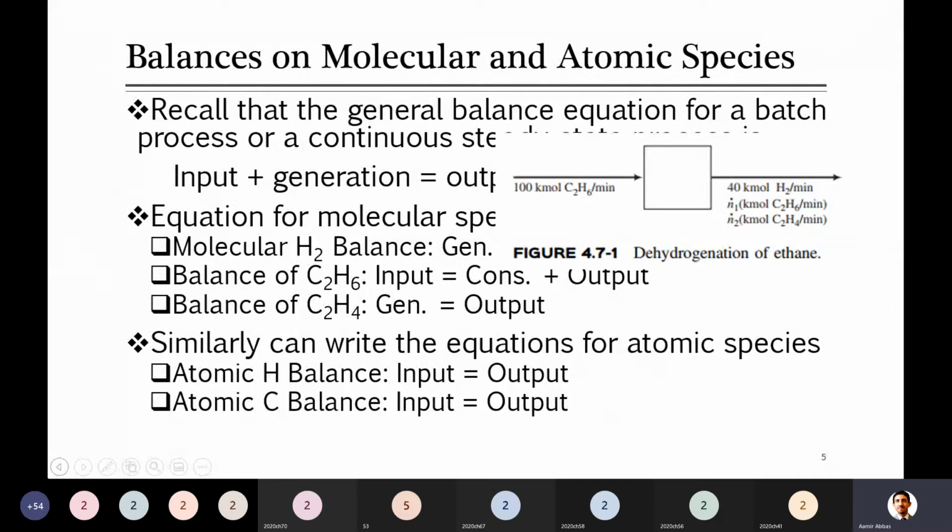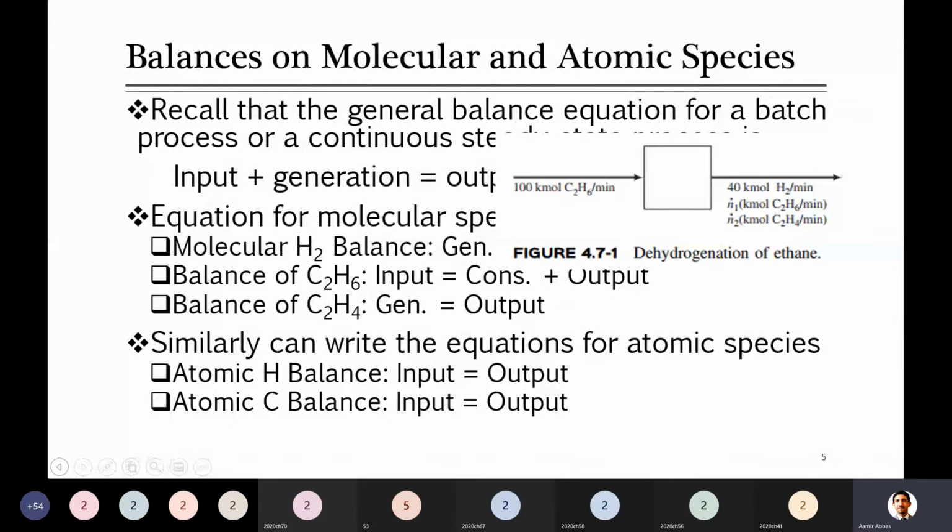We are using that because some of you may think, if carbon remains in the system, what about that? That would be part of accumulation, and then you have to take care of that. But in this system we started with steady state in the first line. I already mentioned this. What does steady state mean? If it is not steady state, then definitely you have to include the term of accumulation.